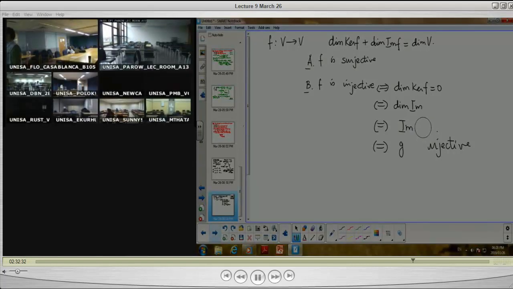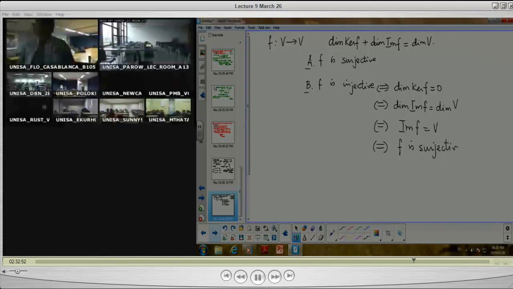So a linear transformation on a finite dimensional vector space is surjective if and only if it is injective, if and only if it is bijective. So surjectivity automatically brings along with it injectivity.